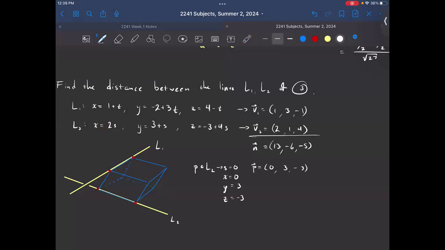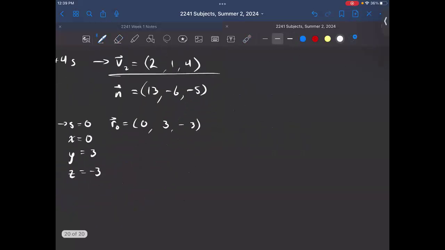I guess maybe you can call this R0 actually, to fit with our equation format and notation. So then our plane is given by n dot arbitrary r minus r0 equals 0.